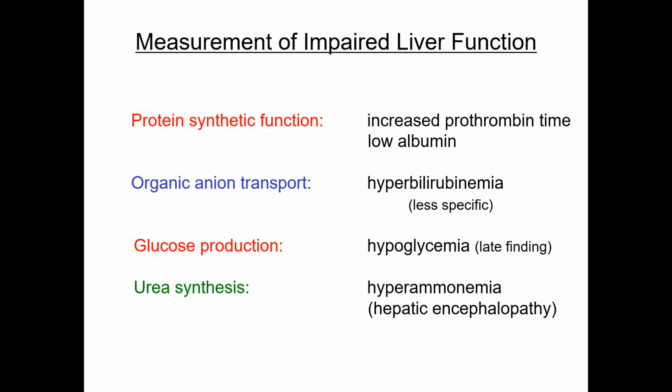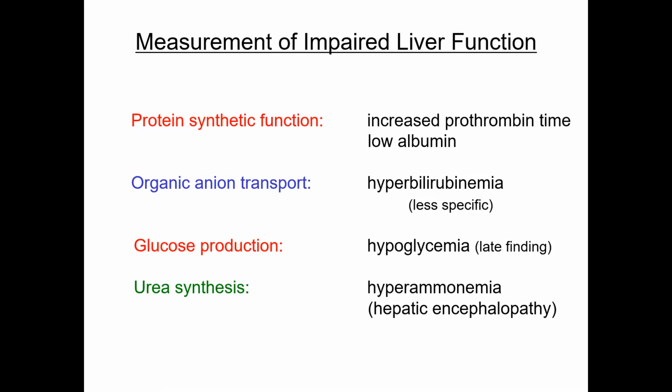Also, your albumin is produced by the liver, so low albumin refers to impairment of your liver function. Secondly, looking at your organic anion transport function, which involves bilirubin, if there is accumulation of bilirubin, if you have hyperbilirubinemia, this could also point to impairment of liver function, and this is more or less specific compared to the other tests.